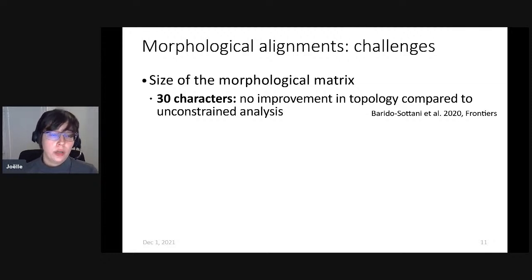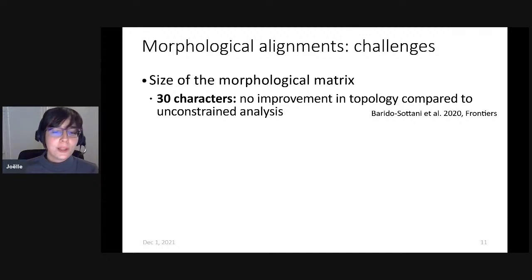In fact, when you have 30 characters in the morphological matrix, it's maybe even better, in terms of inference, to just use an unconstrained analysis, meaning an analysis that doesn't attempt to infer a time tree, but just infers a tree in terms of number of substitutions. So this means that, probably, I mean, we tested 30 and 300 in that study, and we found that with 300 you had good accuracy on the topology.